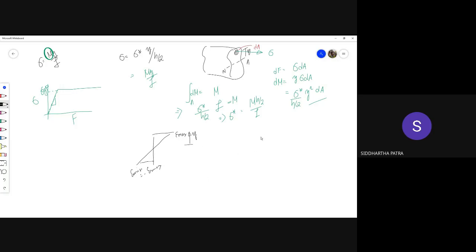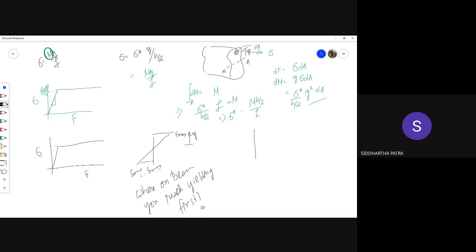The stress, on the other hand, does this. How does stress change with strain? It is elastic, perfectly plastic, right? So it becomes flat beyond yield stress. So where on the beam do you reach yielding first?